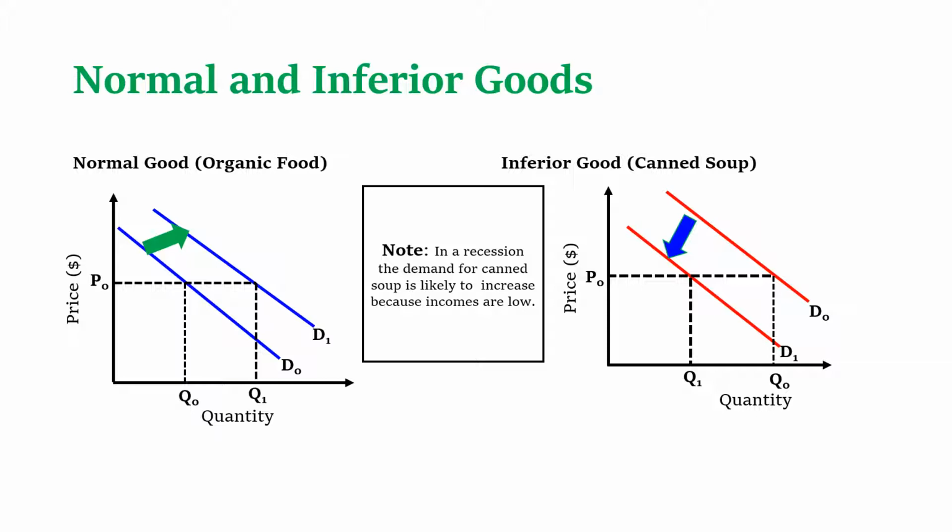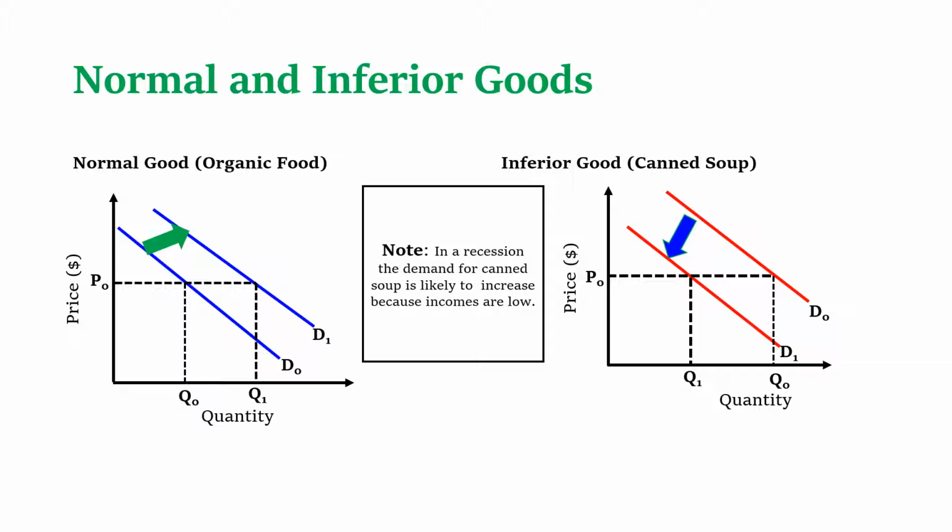Now, take for example a recession. What will happen when there is a recession? Things are really tight, really tough, difficult. So people start to go to the fast food restaurant, or maybe buy canned food, instead of buying more organic food. Maybe we have something like a depression in the economy.